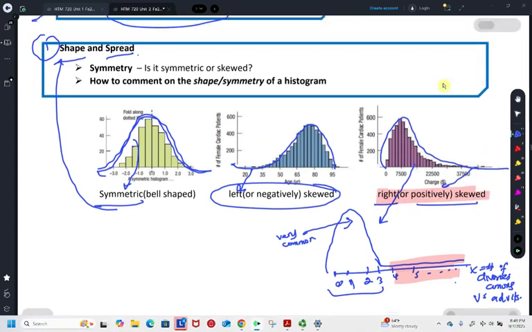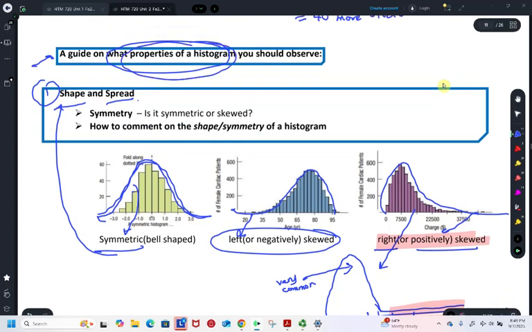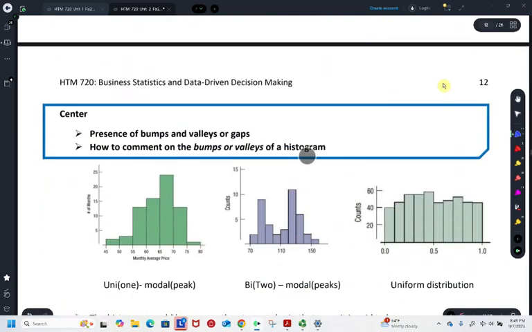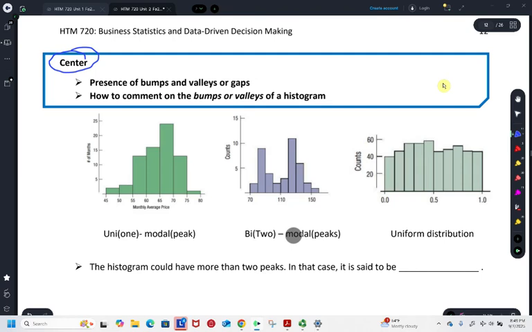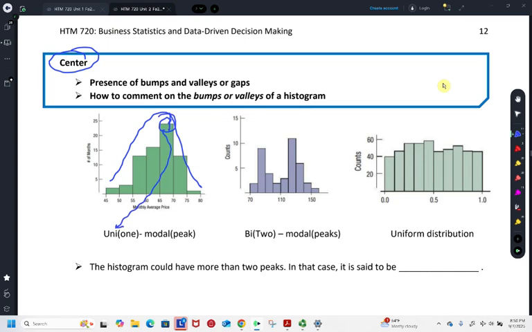So again, talking about the properties of a histogram that we would observe, one, it shows us the shape of the distribution of our data. And two, it tells us about the center of the data. How many centers does your data have? Or how many frequent observations does your data tend to show? In the first picture here, we have a single bump up here, and that is a unimodal distribution.